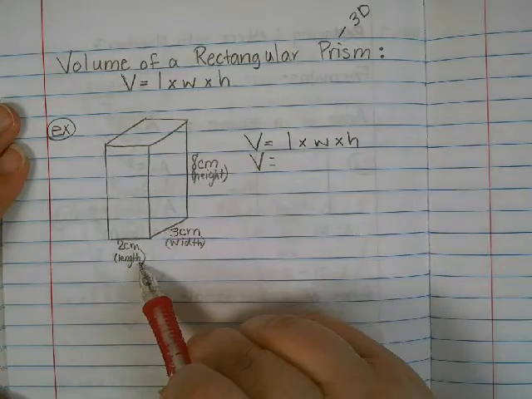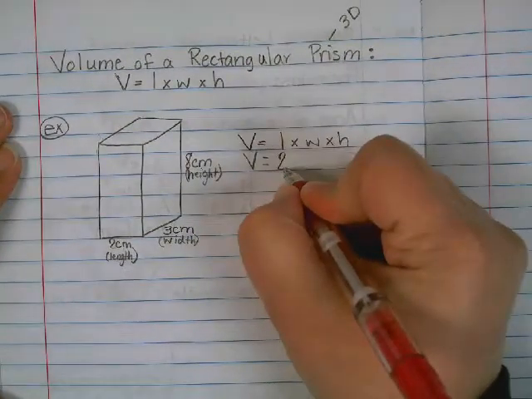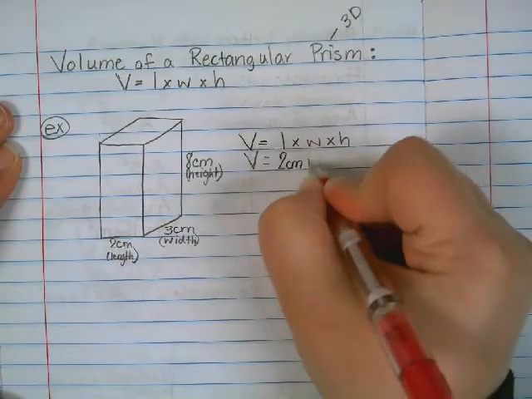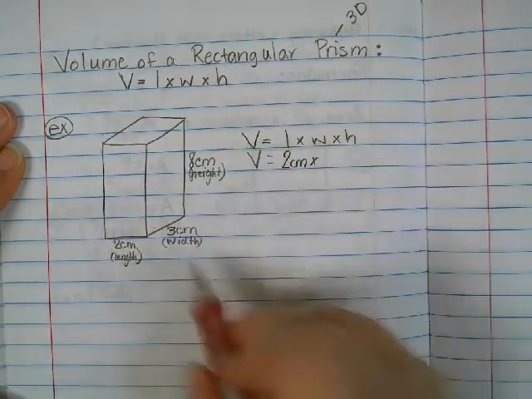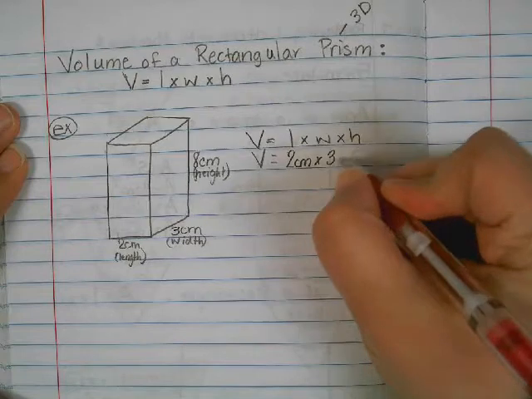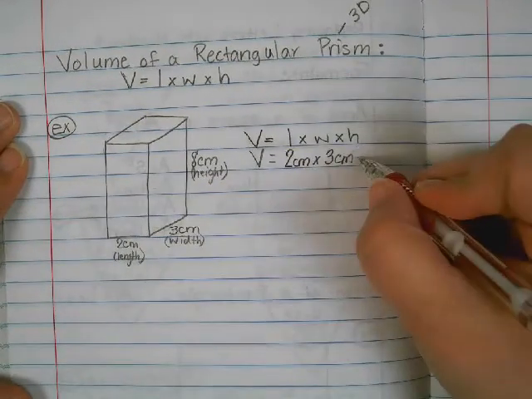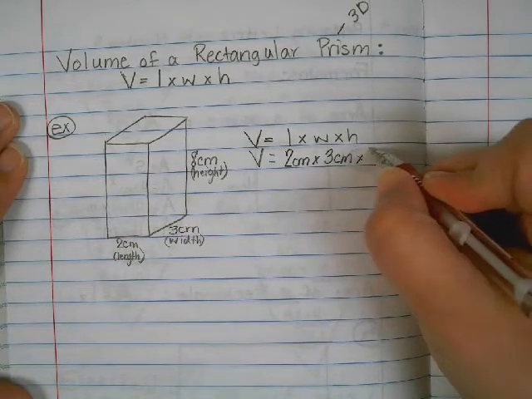So since 2 centimeters represents my length, I put in 2 cm for L. My width is represented with 3 centimeters. And finally, my height is represented with 8 centimeters.